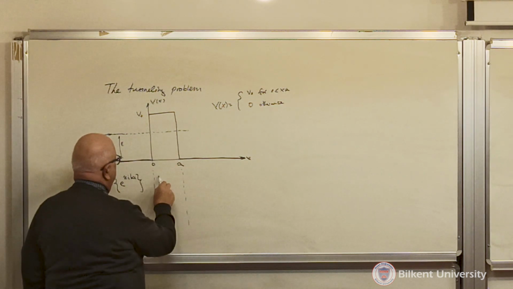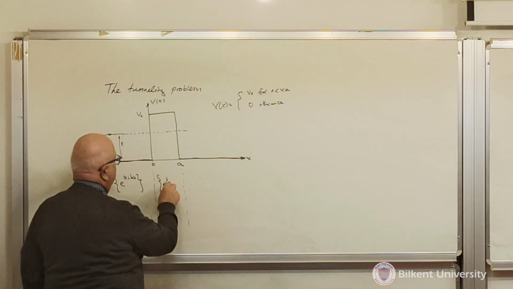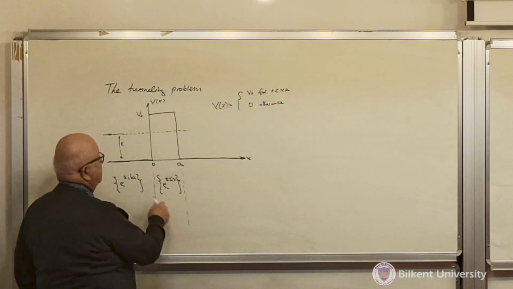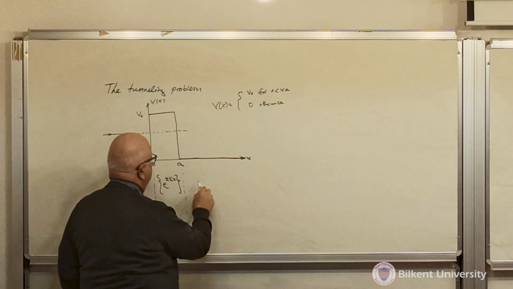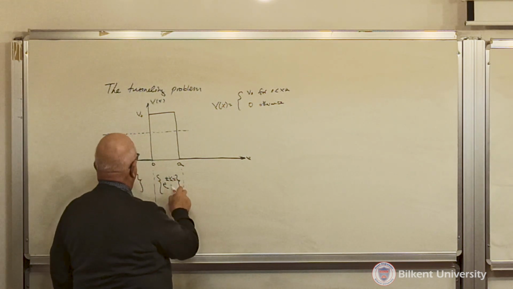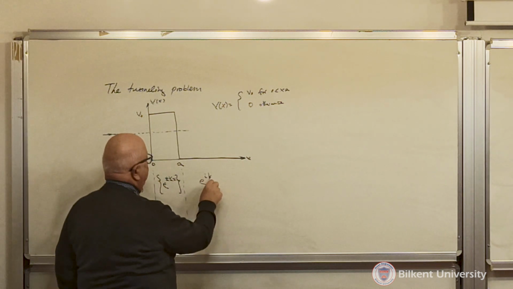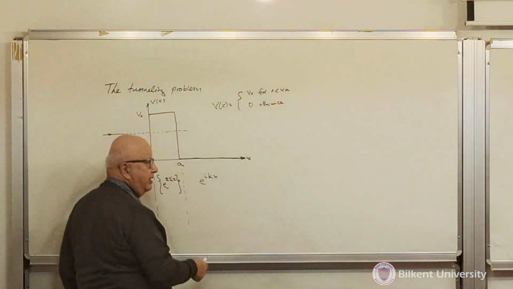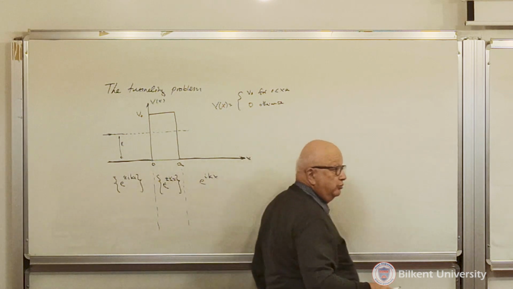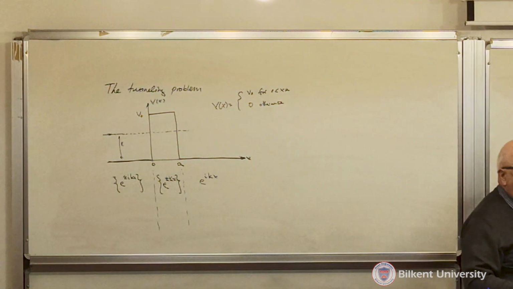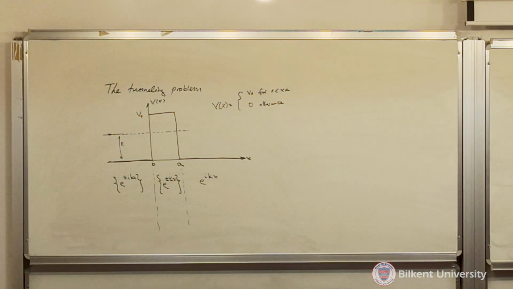In the middle, it's going to be a linear combination of e to the plus or minus capital Kx, and to the right, we are expecting solutions which go like e to the ikx again. No e to the minus ikx because I don't have any particles incident from the right.